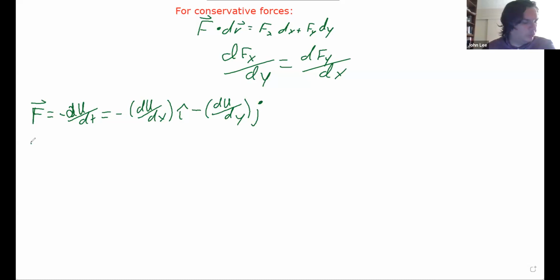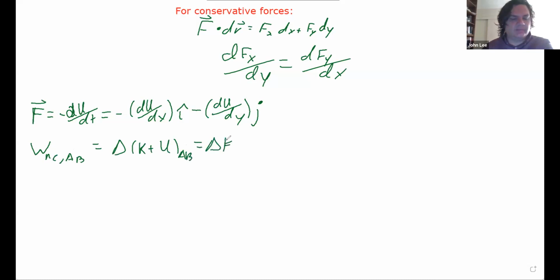And then work non-conservative from A to B is equal to delta K plus U from A to B, is equal to delta E from A to B. So these are just a few of the equations. I already went over the details of how this works, but these are just a few specific equations that the book has, so I decided to include them in the lecture.